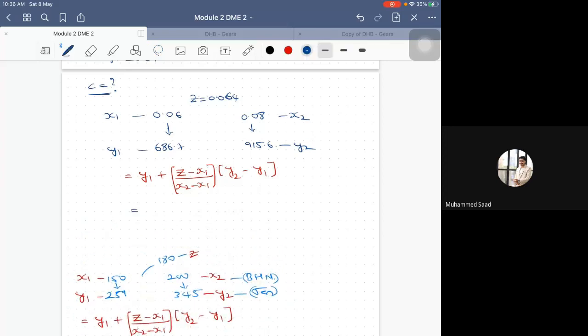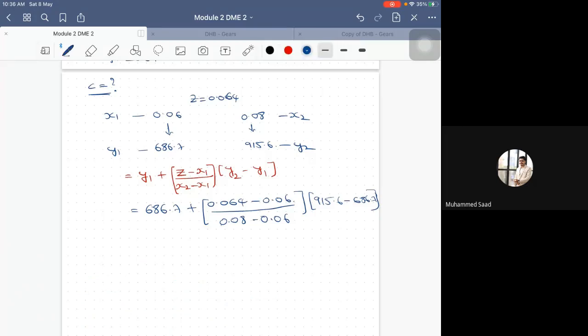C is equal to y1, which is 686.7, plus the z value we have to decide upon, 0.064, minus x1 value which is 0.06, divided by x2 minus x1, which is 0.08 minus 0.06, into y2 minus y1, which is 915.6 minus 686.7.